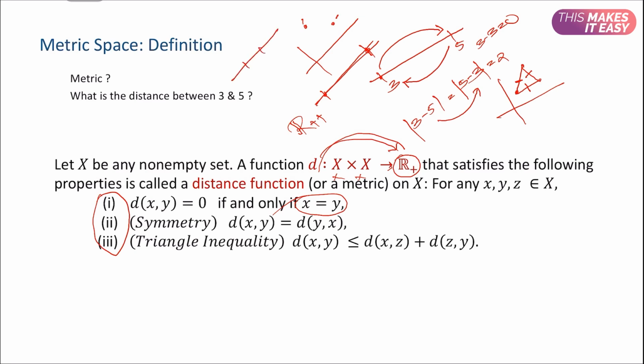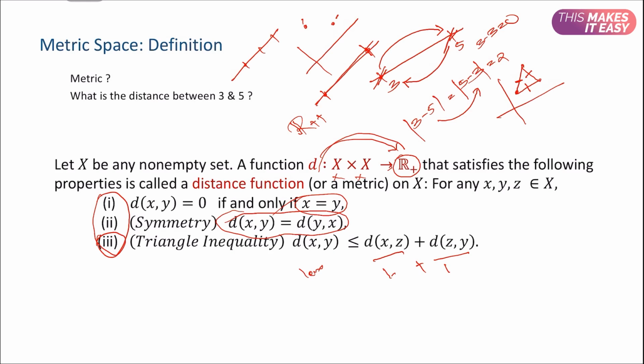So we are finding the distance between x and x itself. Then only it can be 0. Otherwise it will be greater than 0. It can't be negative anyway. The second property is symmetry. The distance between 3 and 5 is equal to the distance between 5 and 3. And the third property is basically the triangle inequality.